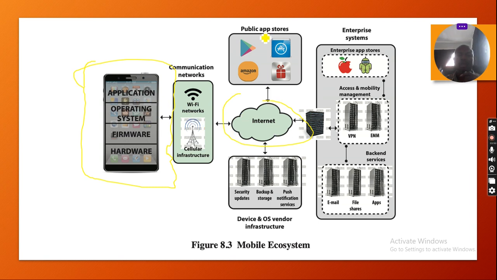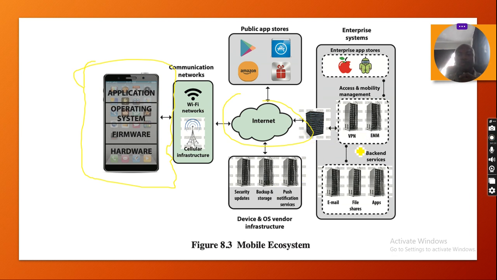Once you have access to the internet, you have the public app store like your Play Store, for example, or App Gallery and so on, depending on which configuration, which device we are looking at. And then here you have what we call the device OS vendor's infrastructure, like the security updates, your backup storage, your push notification services on the net.